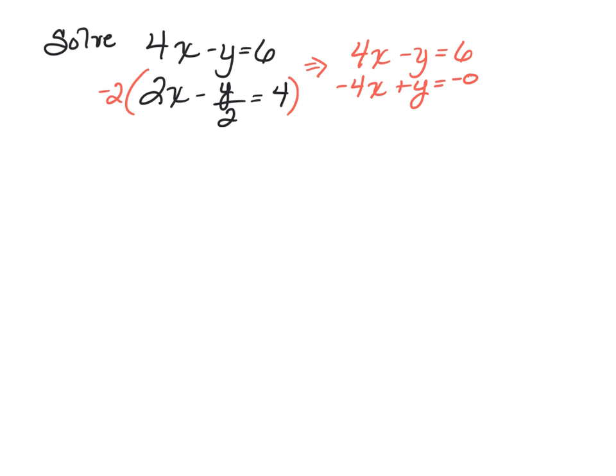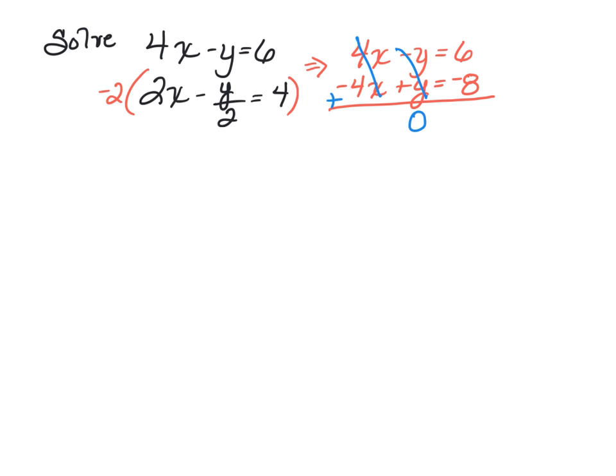Okay? Now I want to do what I've done before. I want to add these equations together. The x's canceled because that's what I was going for. But look here, I have negative y plus y, so those also cancel.